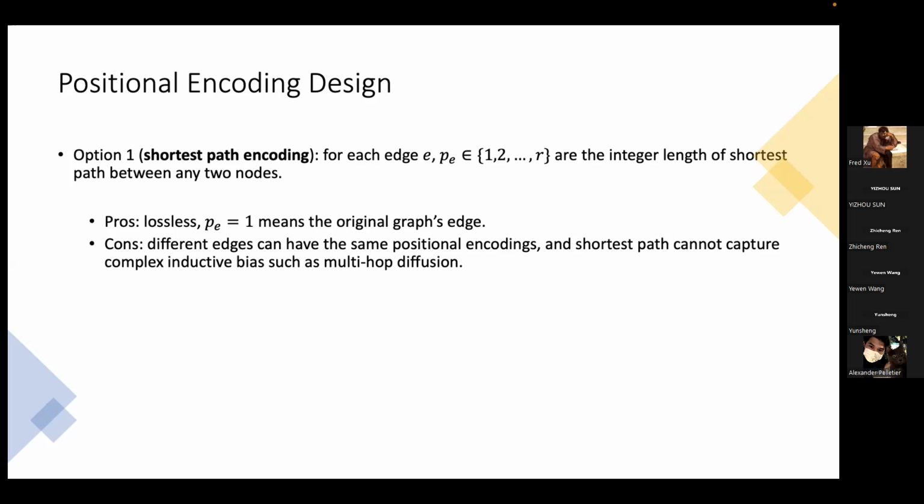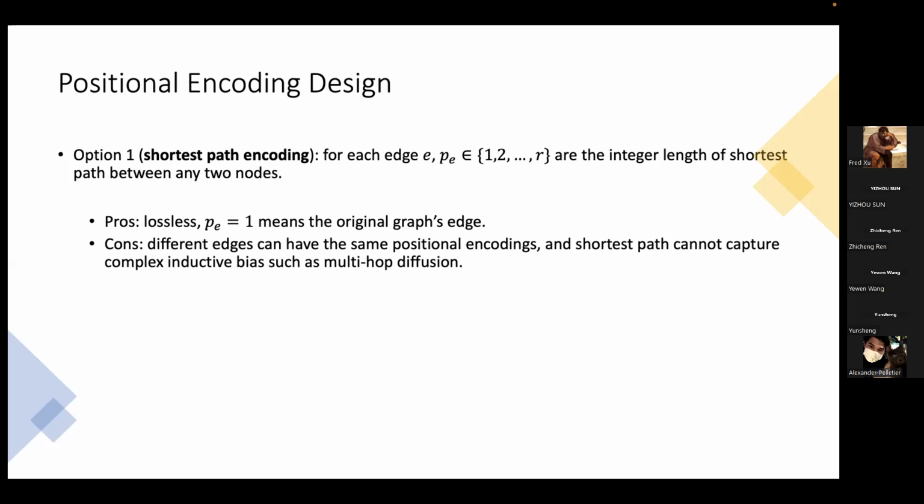For a node and its R-hop neighborhoods, you can assign an integer from 1 to R to the edges. If PE equals 1, that basically means the original graph edge. And then all the additional ones, the 2-hop connection, you directly connect this node to the 2-hop neighbor. You directly connect the node to this R-hop neighbor. So you get these new edge features.